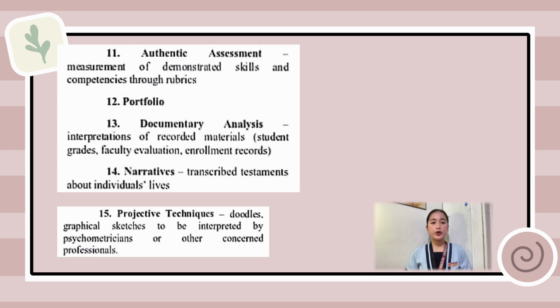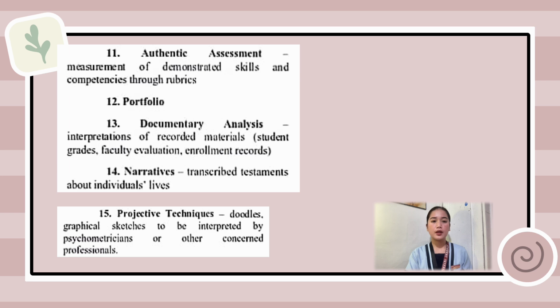A data collection portfolio is a structured collection of diverse data sources like surveys, interviews, documents, etc., providing a comprehensive view of a research topic, supporting conclusions, and facilitating collaboration. So number 13 is documentary analysis, interpretation of recorded materials: student grades, faculty relations, enrollment records.